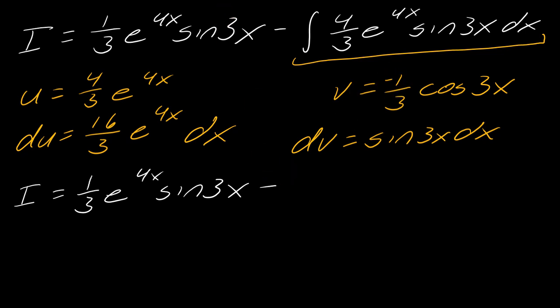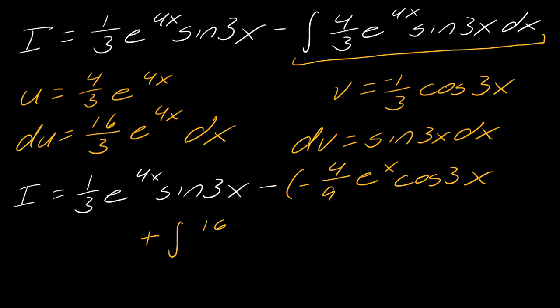So this will actually be negative 4/9 e to the 4x cosine 3x, minus v du. So minus v, that's a negative and a negative, so that'll turn into plus v du. This will turn into 16/9 e to the 4x cosine 3x dx.